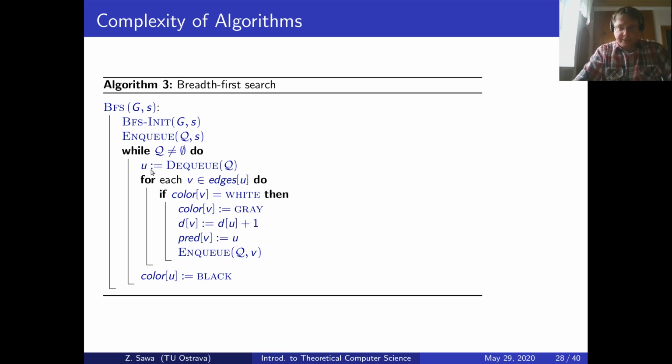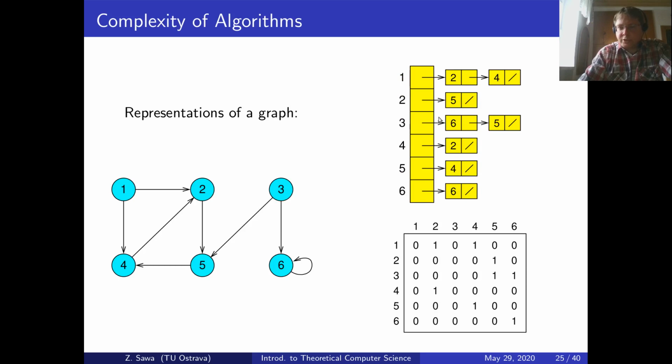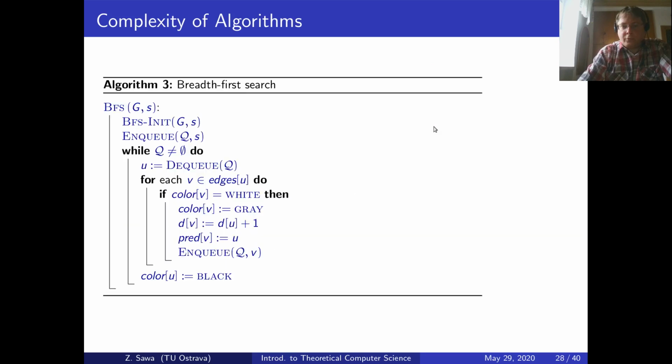So we take the first node in the queue, and then process its edges. If I consider this kind of representation, by these edges I mean the list of all edges that go from the given node u. So we iterate through the edges going out of the given node, and v represents for a given edge the node to which the edge goes.